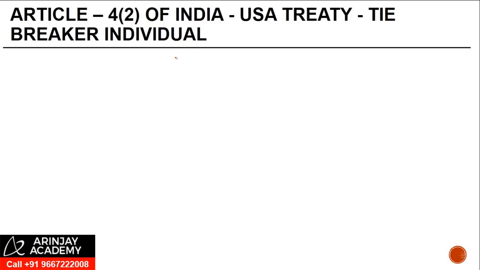It may just happen that he becomes the resident of one country by reason of his domicile and of another country by reason of his residence. In such a case, how do you ascertain which country he is a resident of is dealt with in Article 4(2).